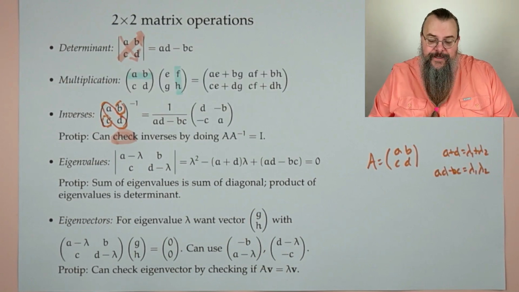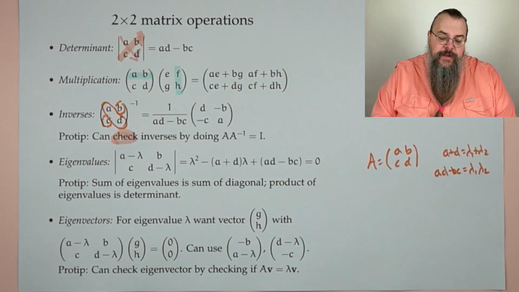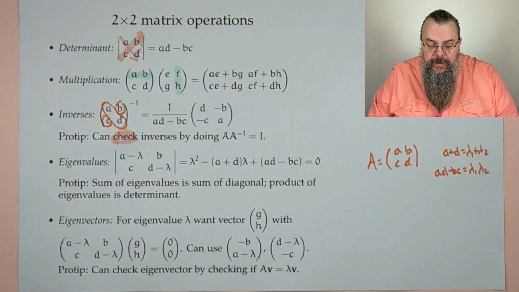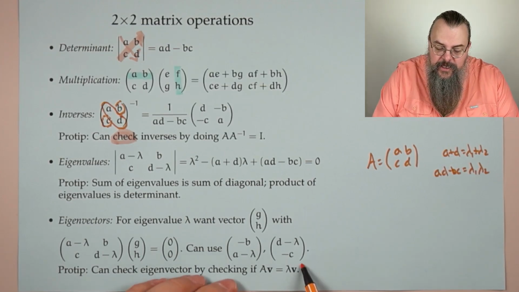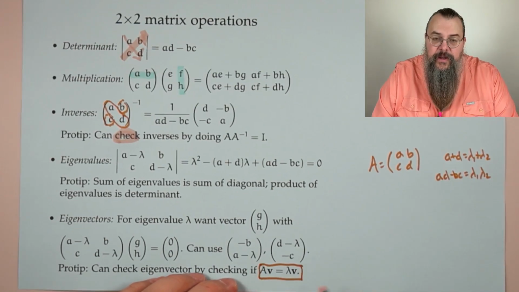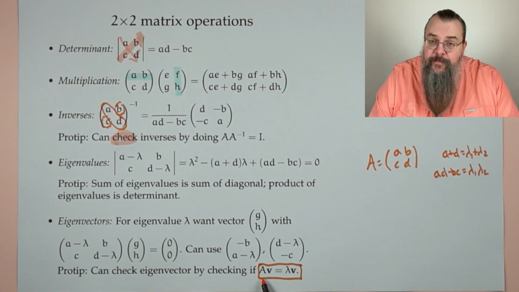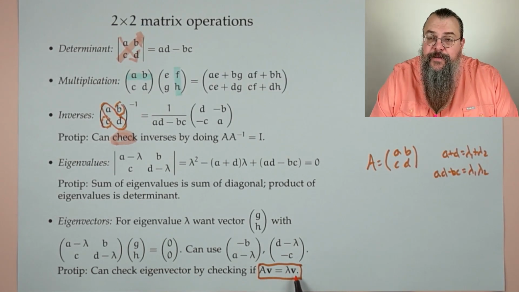How about eigenvectors? Well, when we're doing eigenvectors, we're looking for something where what? Now, here, the key is down here. An eigenvalue-eigenvector pair is something where the matrix A times a vector V is a multiple of the vector V. And so it's like, oh, it's the same vector, just scaled.